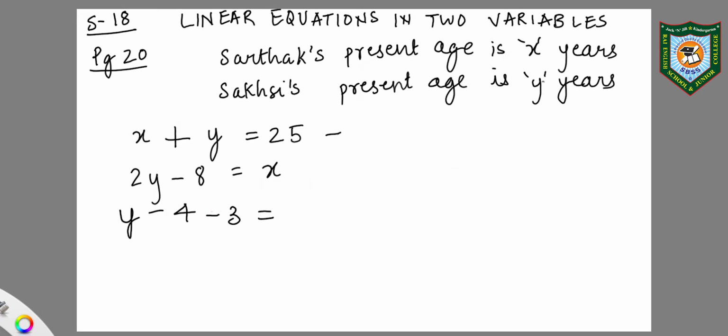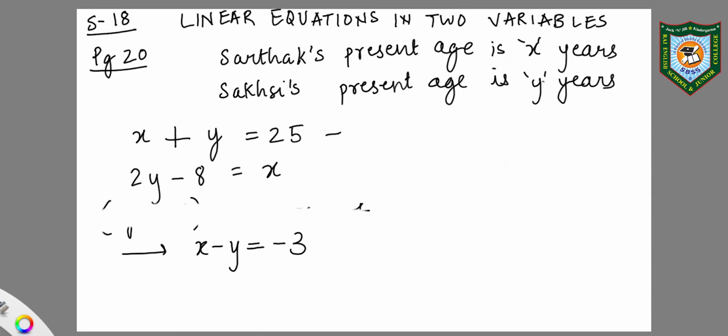So I have y minus 4 minus 3 is equal to, now the statement says Sarthak's age at that time. So that means they are talking about Sarthak's age 4 years ago. So here I'll have x minus 4. Once I solve this, I'll get x minus 4y is equal to minus 3 as my equation, which is the third equation in the left empty box. I hope all of you understood this.